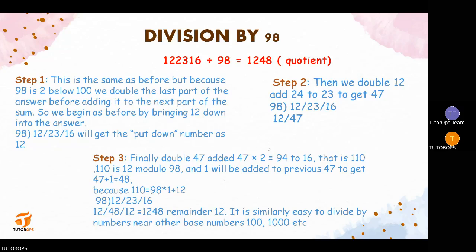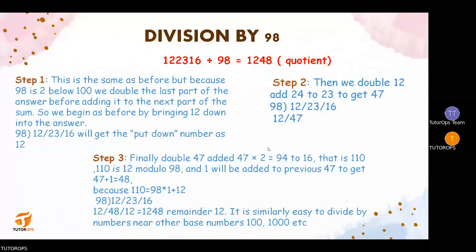Okay. So we know that 99 was 1 less than 100, and now 98 is 2 below 100. Now, as 98 is 2 below 100, we need to double the last part of the answer before adding it to the next part of the sum. So let me proceed with the method.